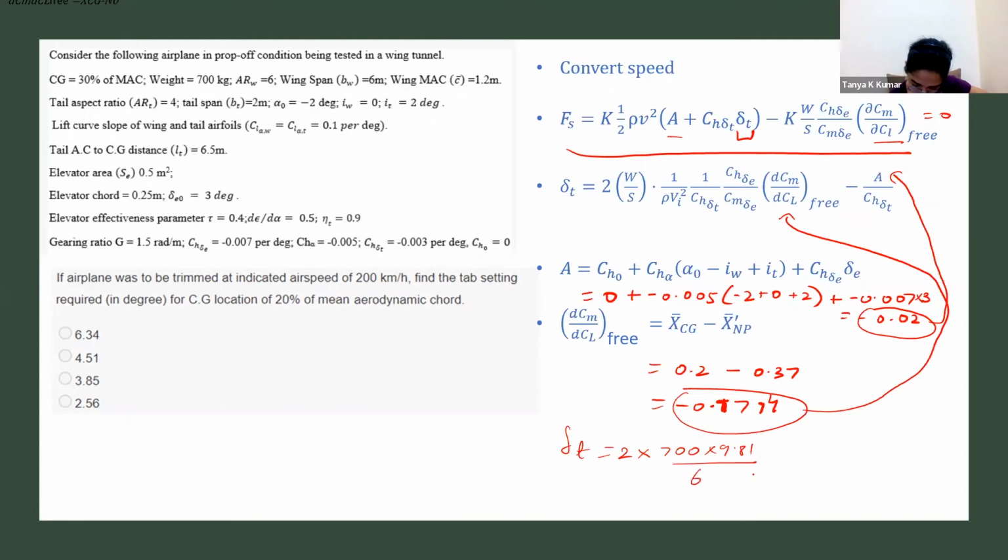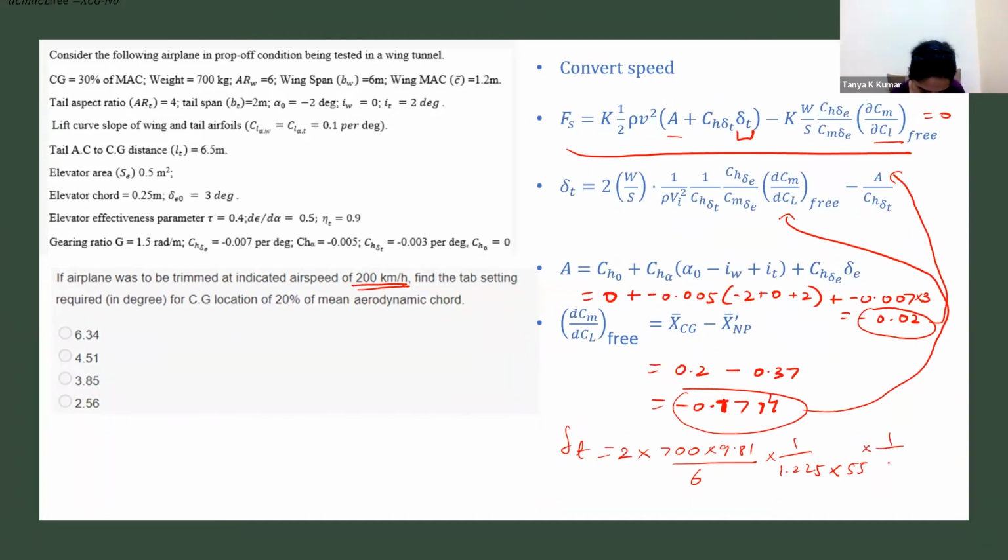S of wing was 6. And 1 by 1.225. Velocity, what was velocity given in the question? 200. You need to convert the 200 kilometer per hour into meter per second. So that comes to 55.55.